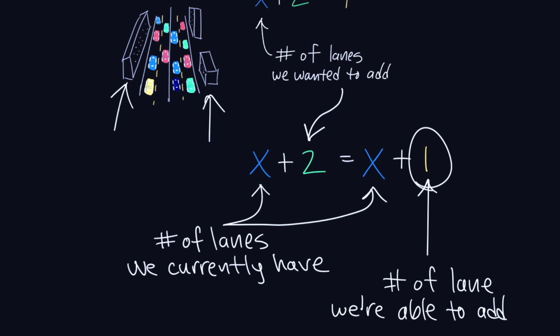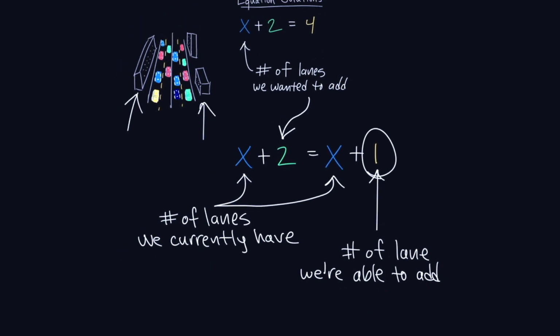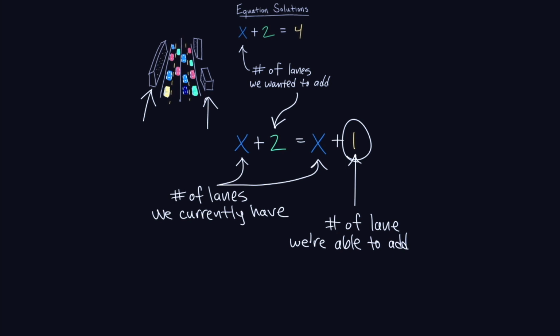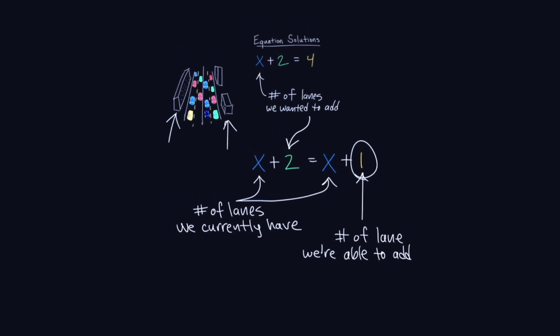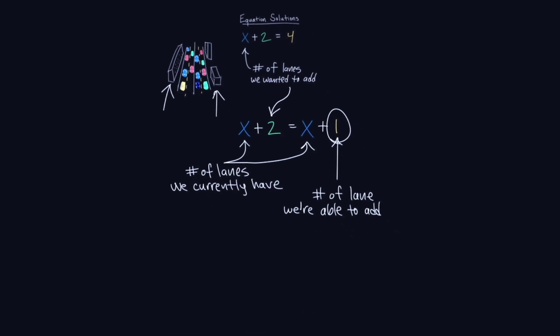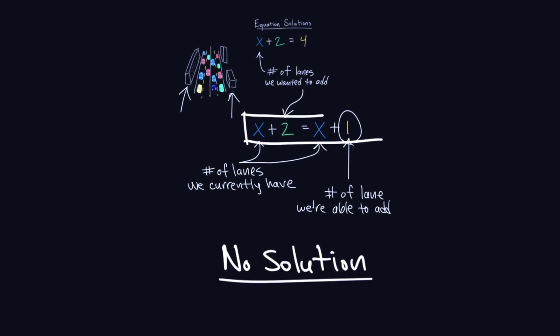So in our case it's 1, and x plus 2 does not equal x plus 1. In fact, it never can equal x plus 1. There's no x that, when added to 2, will be the same thing as when that same number x is added to 1. So in this case, we say that there's no solution. A simple way to think about it is it's just a problem that doesn't have an answer.